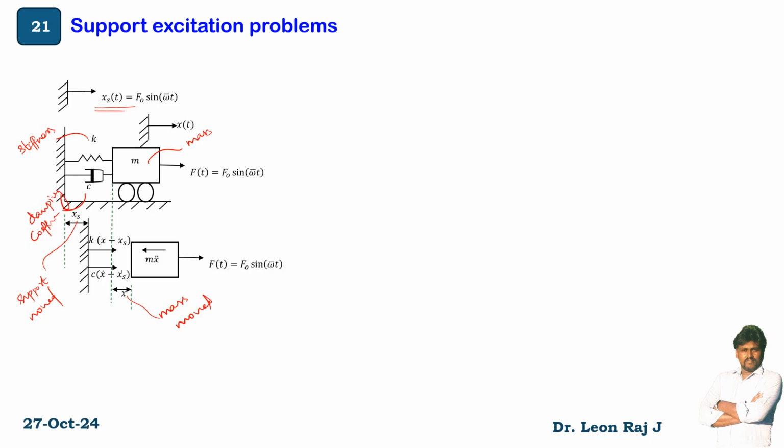So f of t equal to f0 sine omega bar t. This is the inertia force, and the spring force looks like this. Inertia force is nothing but m x double dot.